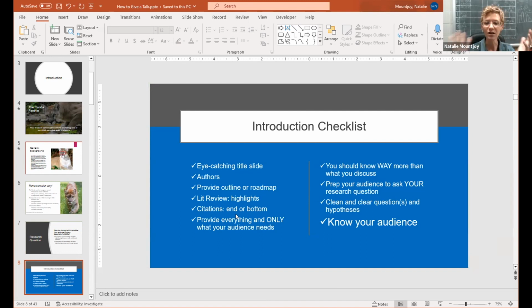All of those different audiences are going to have different expectations for what you include in your talk and how scientific you are with your language. So keep that in mind. You might have to smooth things out a little bit for a more general audience. You might have to pump things up a little bit more for a really highly technical, highly knowledgeable audience in your field. So you should be able to toggle that back and forth and be aware of what you need to do depending on your particular audience. Okay.